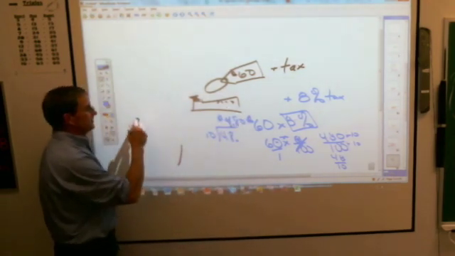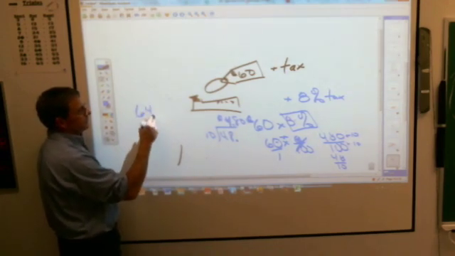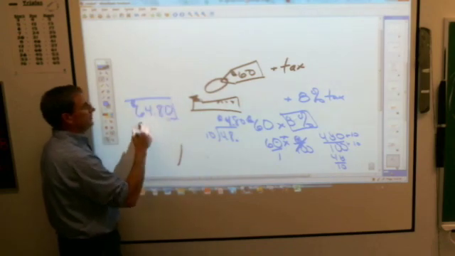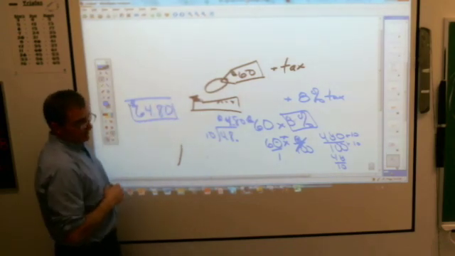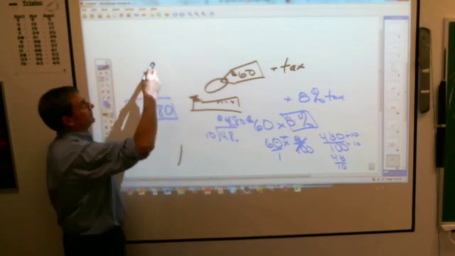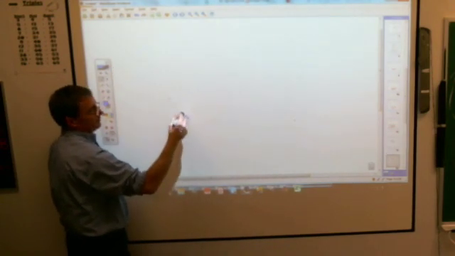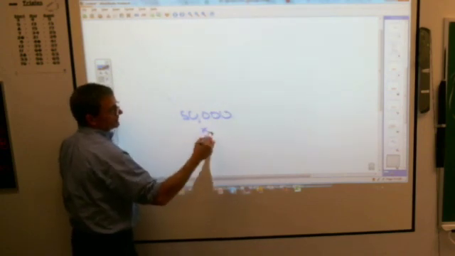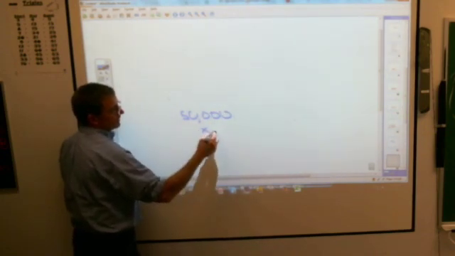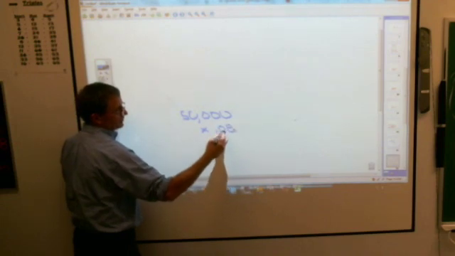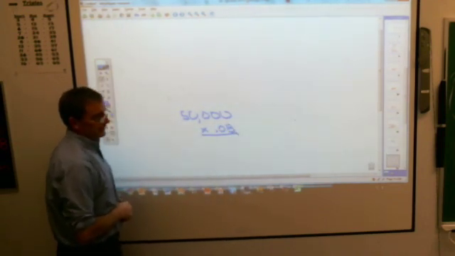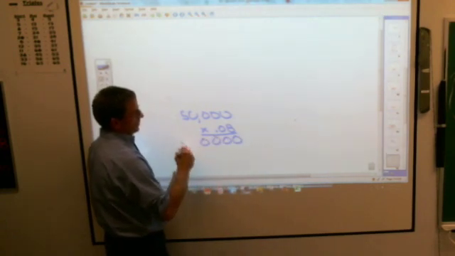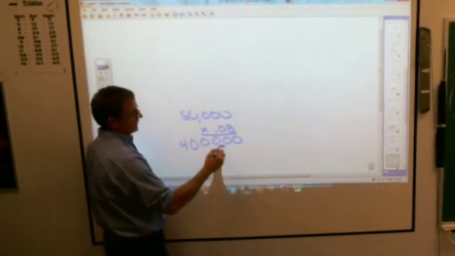So the lady at the cash register is going to charge you $64.80, which maybe doesn't sound like a lot, but if you're buying yourself a $50,000 car, which is not unreasonable for a car, if you want to find the tax on $50,000, let's multiply that by the decimal. 8% is 0.08.